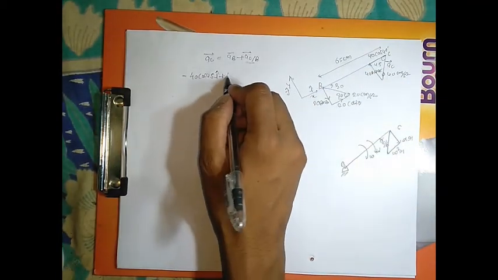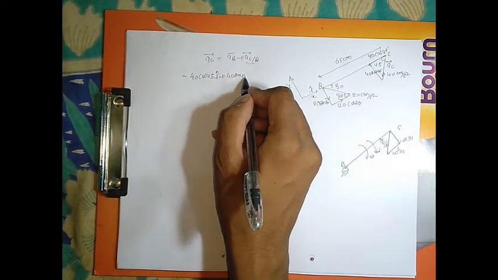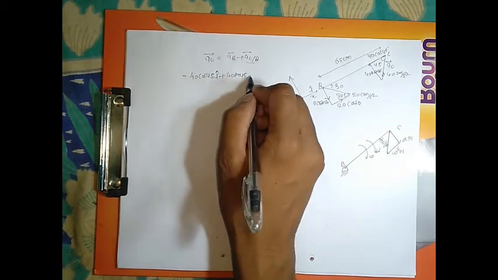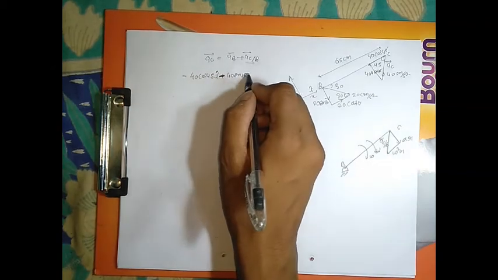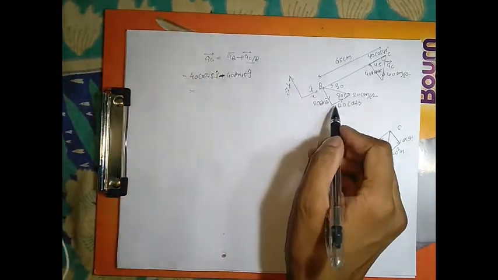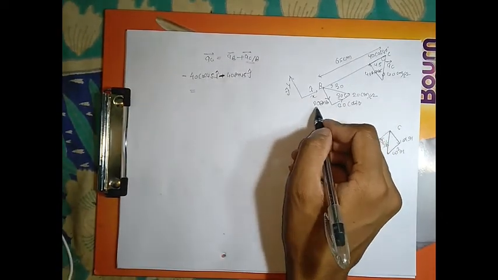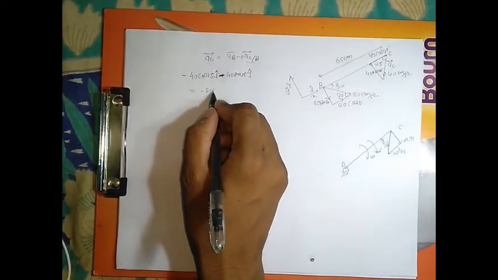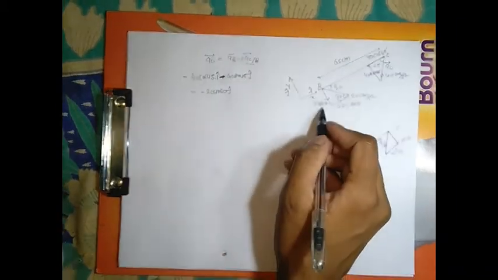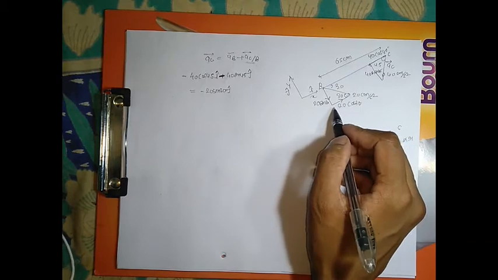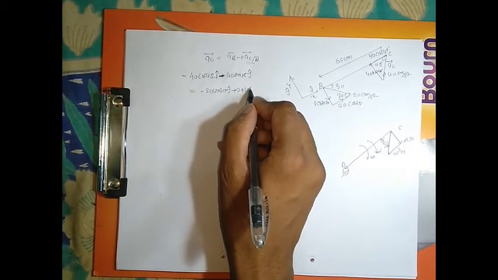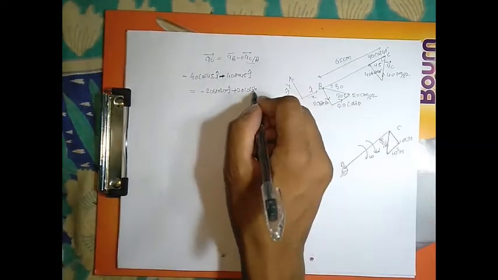It is equal to acceleration of B, which is 20 sin 30 in the minus j cap direction, because it is in the negative direction, and 20 cos 30 in the plus i cap direction.